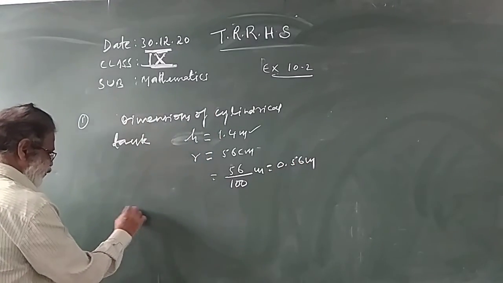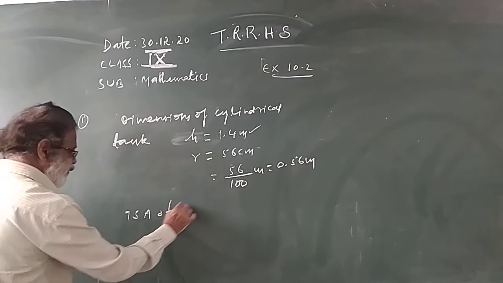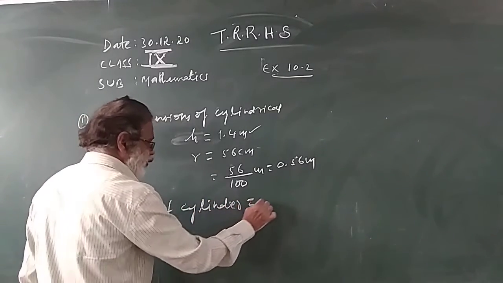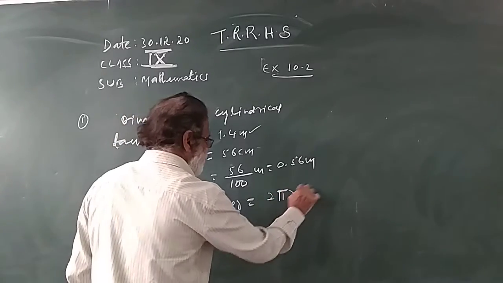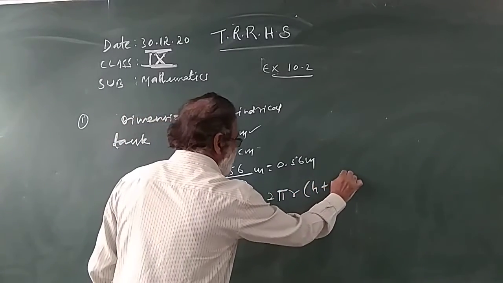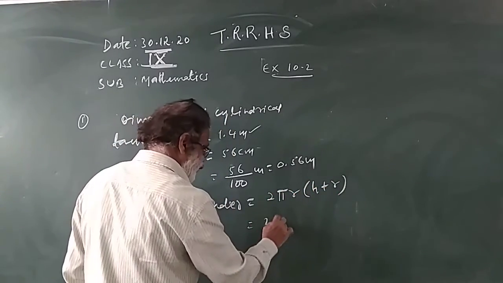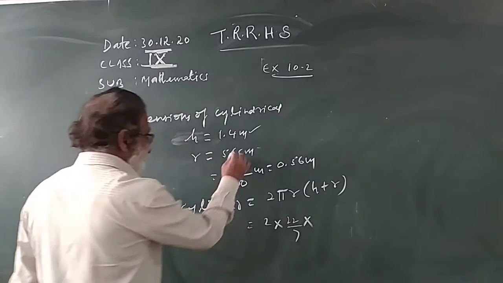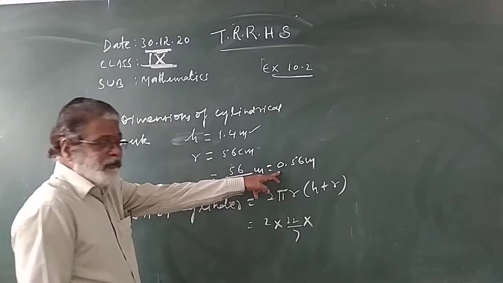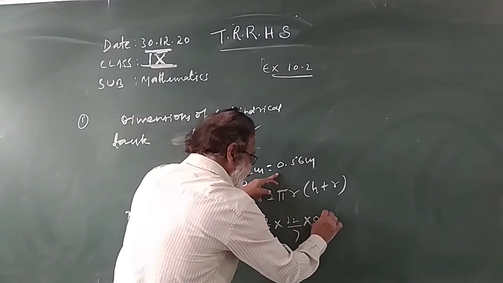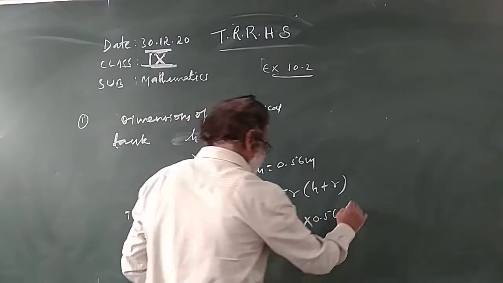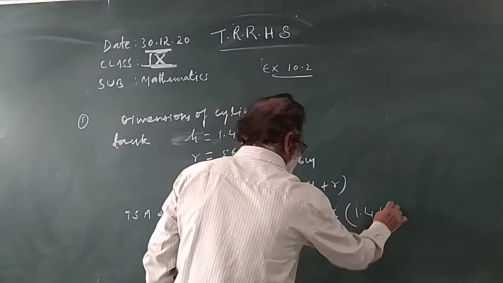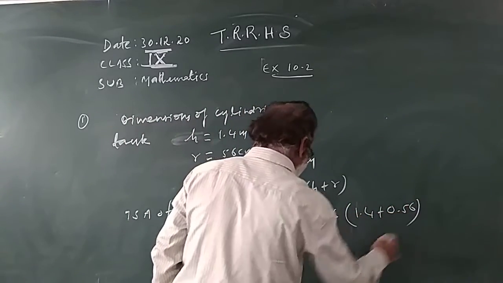Now TSA of the cylinder. The formula is 2πr(h + r). 2 into π, which is 22 by 7, the base radius r is 0.56 meters, into h plus r. h is 1.4 plus 0.56.